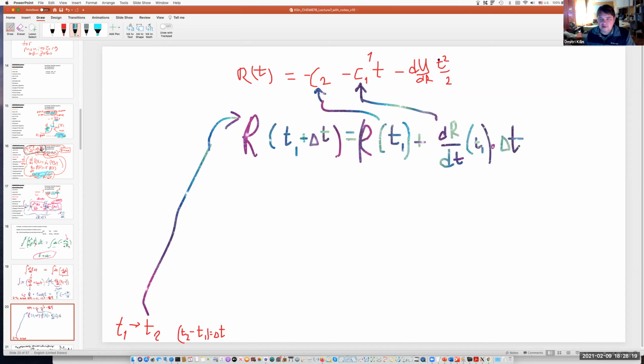And the last term, the most important one, will be the gradient of the potential energy surface that depends on r at time 1, close bracket, multiplied by delta t squared over 2. Any questions or comments on this little equation?